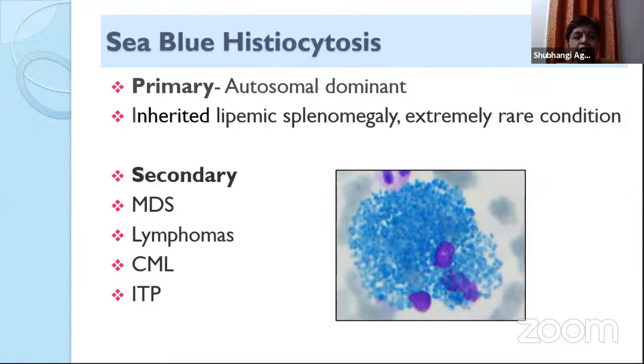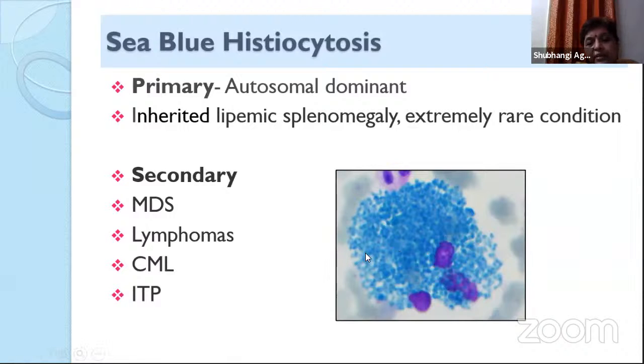And secondary is caused by MDS, that is myelodysplastic syndrome, lymphomas, CML, ITP. These can have sea blue histiocytes in the bone marrow. These are secondary types of sea blue histiocytes which are seen in the bone marrow. So secondary type is more common. Secondary sea blue histiocytosis is more common as compared to primary.